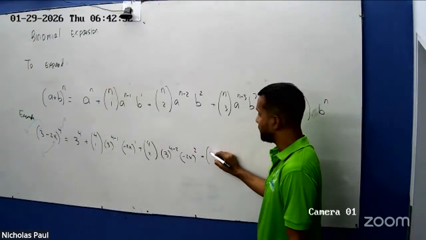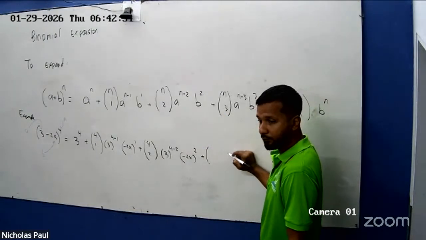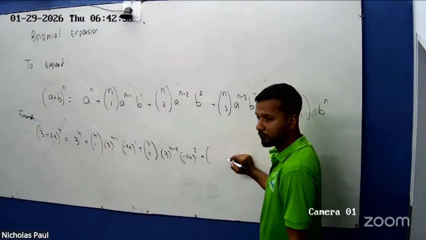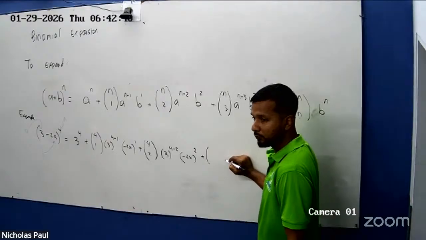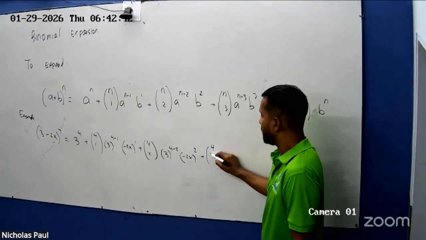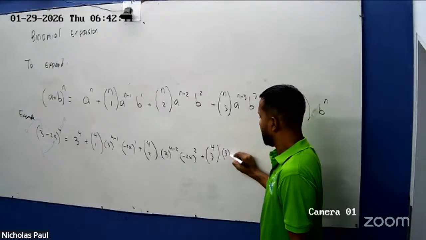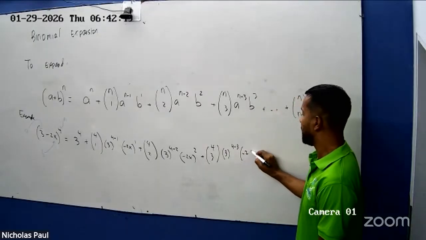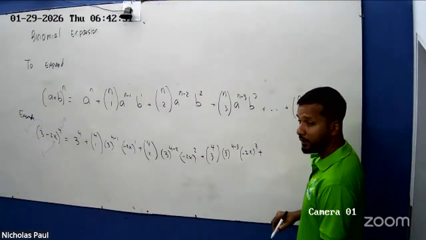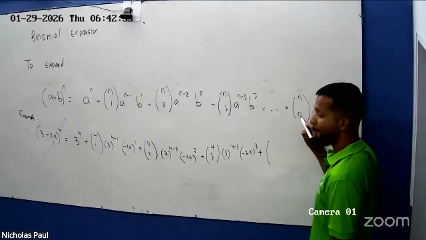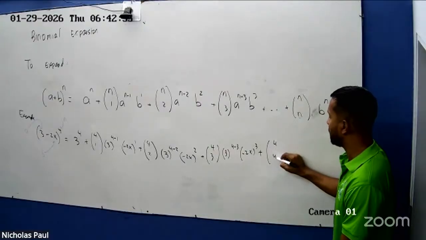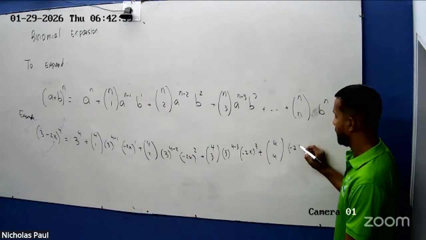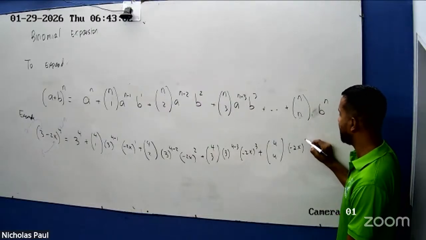You just follow the pattern. 4C3 by 3 to the power of 4 minus 3, by minus 2x cubed. And the last term is what? 4C4, by B, minus 2x to the 4.